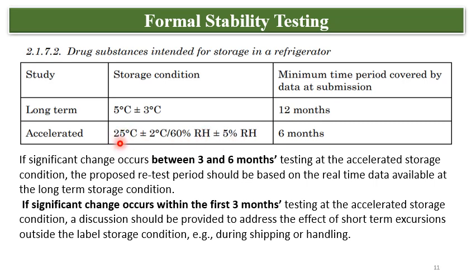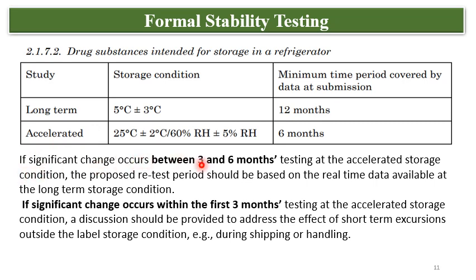If you consider here, that is 25 degrees and 60% RH. This is the long-term condition for stable products or stable APIs. But if the drug substance is prone to degradation due to temperature, the long-term condition becomes 5 degrees and accelerated becomes 25. So your room temperature will become the accelerated condition.